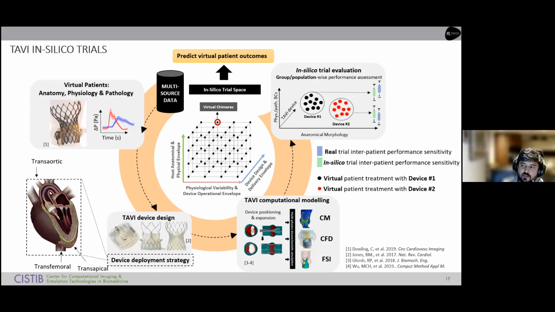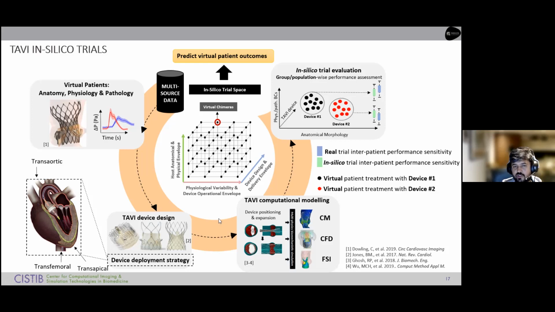If we could combine this information in some coherent way to build virtual patients that describe plausible variations in anatomy, physiology, and pathology, then we could start experimenting with virtual implantation of devices in these virtual patients.